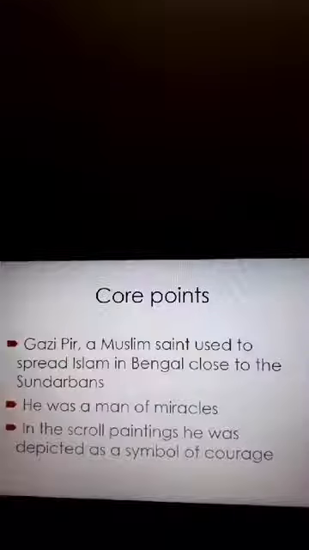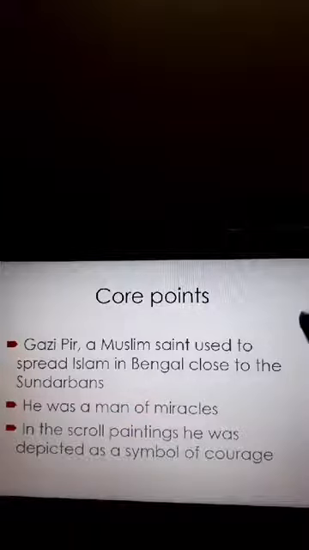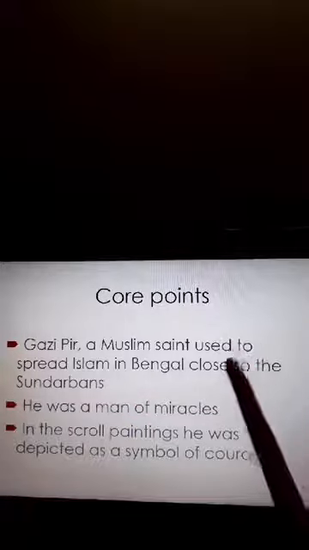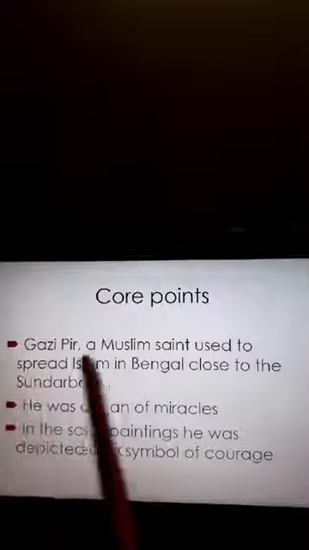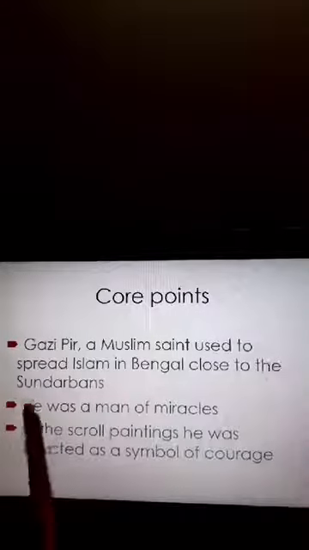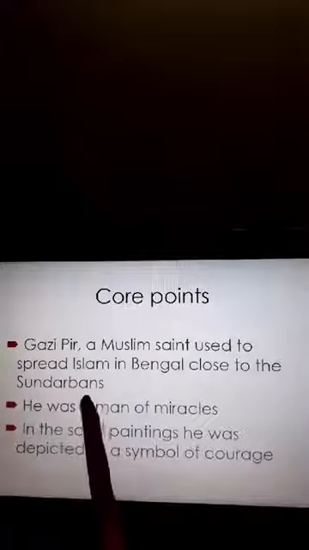Now let's look at some of the core points of the passage. These core points will help you in writing paragraph, in writing summary, and also in answering the questions. Gazi Pir, a Muslim saint, used to spread Islam in Bengal close to the Sundarbans.